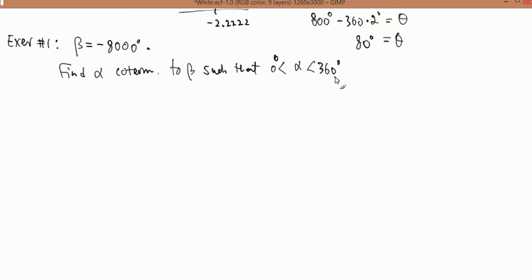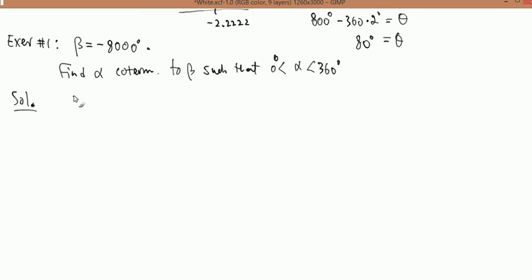So again, you don't have to repeat all the analysis. All you have to do is first you divide this negative 8,000 by 360, and you get a number, and you have to decide which one is the correct n value. But it is worth writing this important formula. What formula am I talking about?